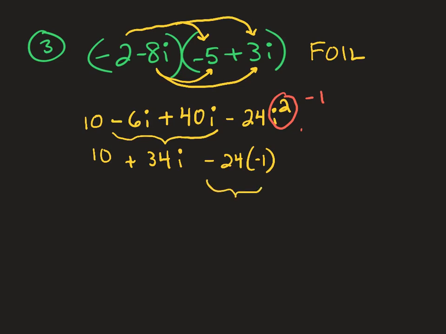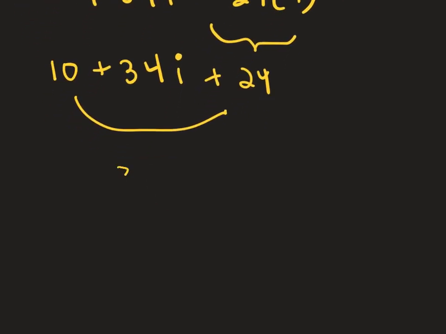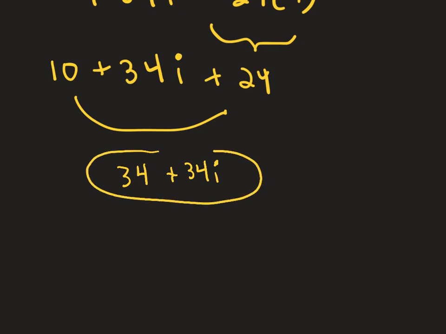And that's going to be positive 24. So we've got 10 plus 34i plus 24, and then you can put your like terms together. The 10 and the 24 make 34, and then you've got the 34i. Be careful you don't replace the i with negative 1. We only do the replacing when it's i squared.